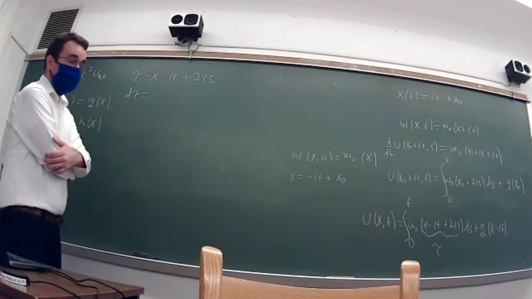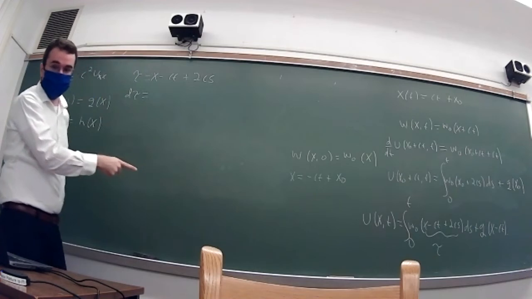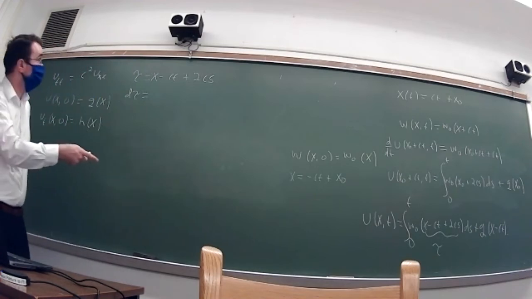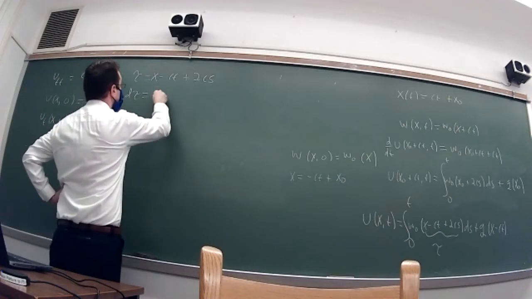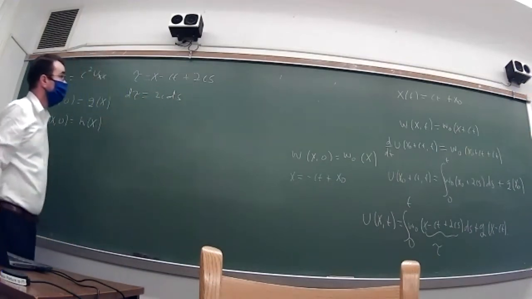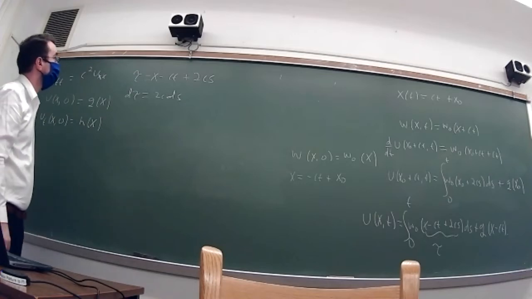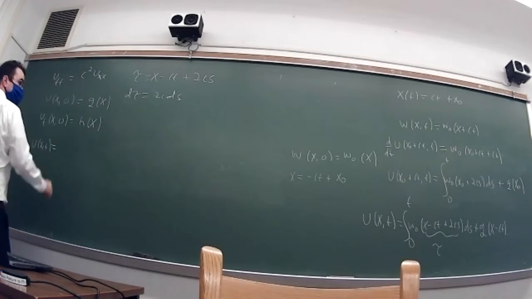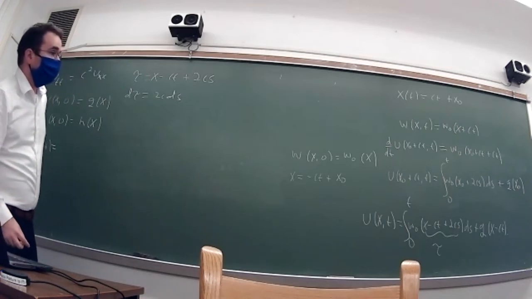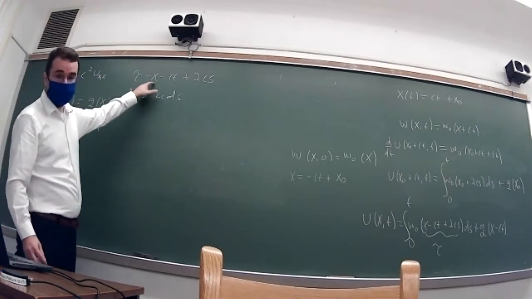Okay, letting you work on that for a second, I'll try to do my own work too. So remember our variables are tau and s. So d tau is 2c times ds. And so now when s is equal to 0, tau is x minus ct.